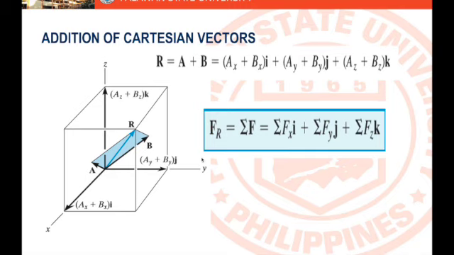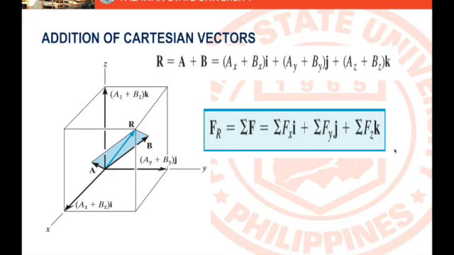Alright, so again, there's no other way but to be familiar with these variables that we are using. I know it's a lot, but we have no other way. That's the only way to tackle this.